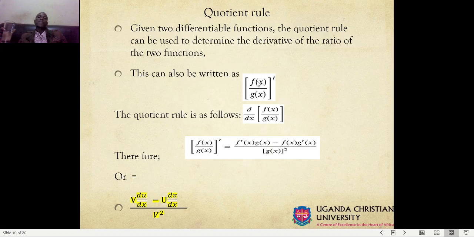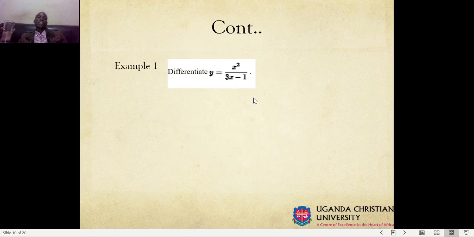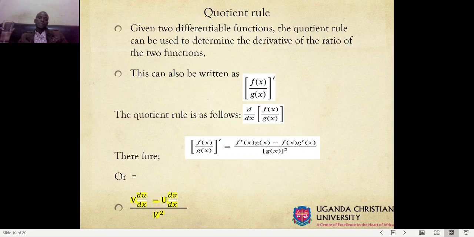Here we have function f dividing by the function g. So the quotient rule would be given as that.